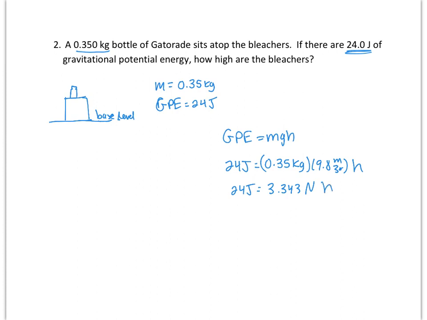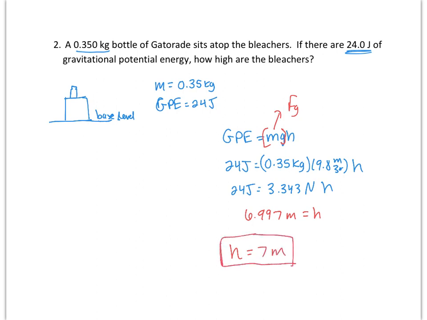Fun fact while I'm here, mg is Fg. So Fg equals mg, that is in this equation. 24 divided by 3.43. 6.997 meters equals the height. So height is about equal to 7 meters.